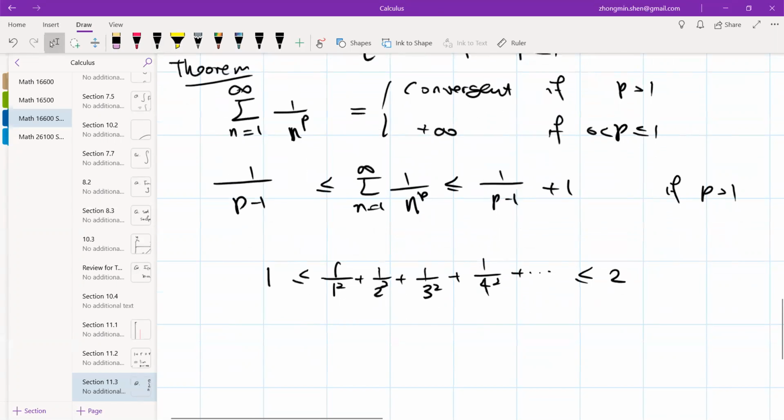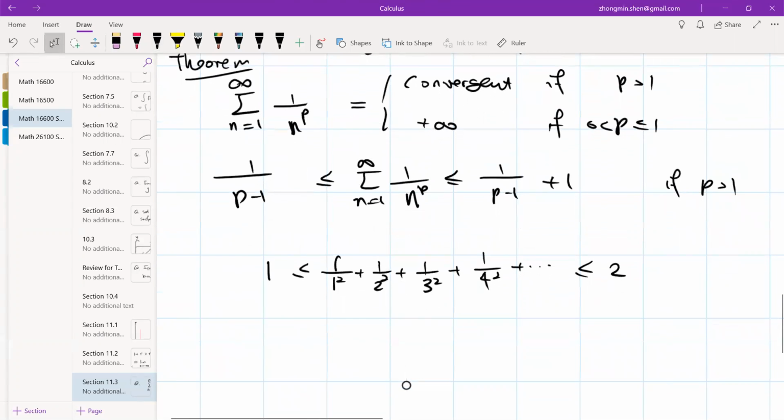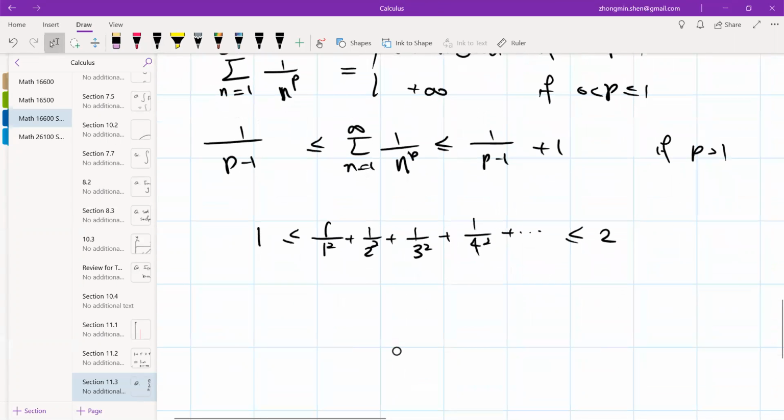Every time we add a tiny number, that number is too small, it decays too quickly, so it does not contribute too much to the sum of the infinite terms. So eventually, it will not go to infinity. So this is an example.